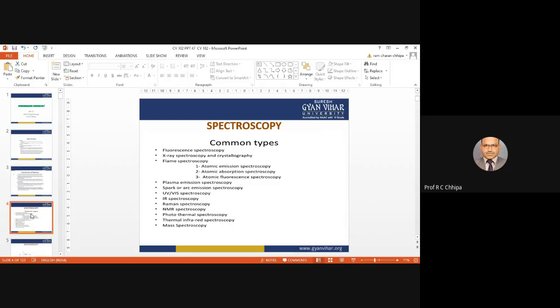Why? 250 nanometer, that is the ultraviolet radiation, is produced by the mercury inside the tube light. So mercury is present in the tube light.